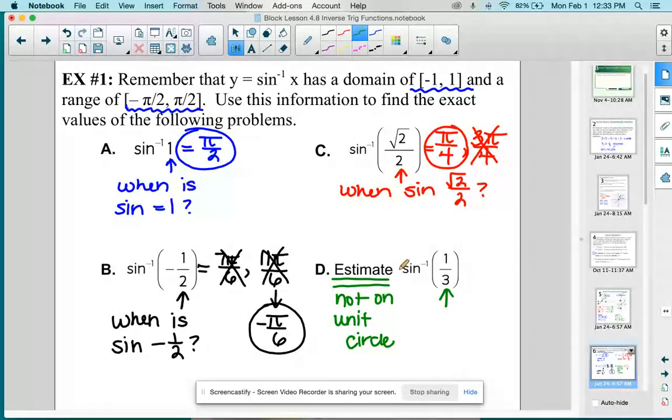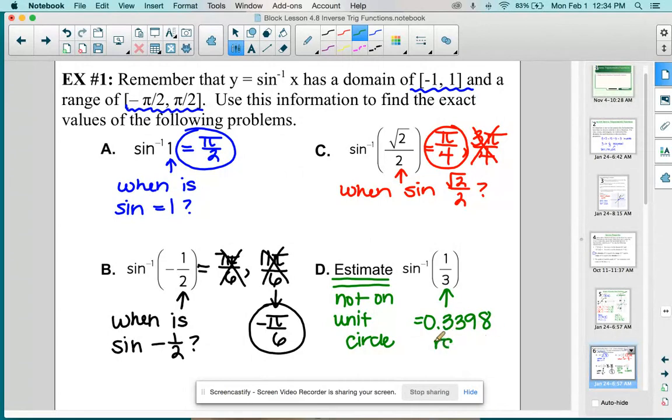So you're going to hit the second button and hit sine, and that should select inverse sine for you. And then just 1/3, close the parentheses, and enter. So for me, I am getting 0.3398. And then same as before, make sure that number is in your range of output values.